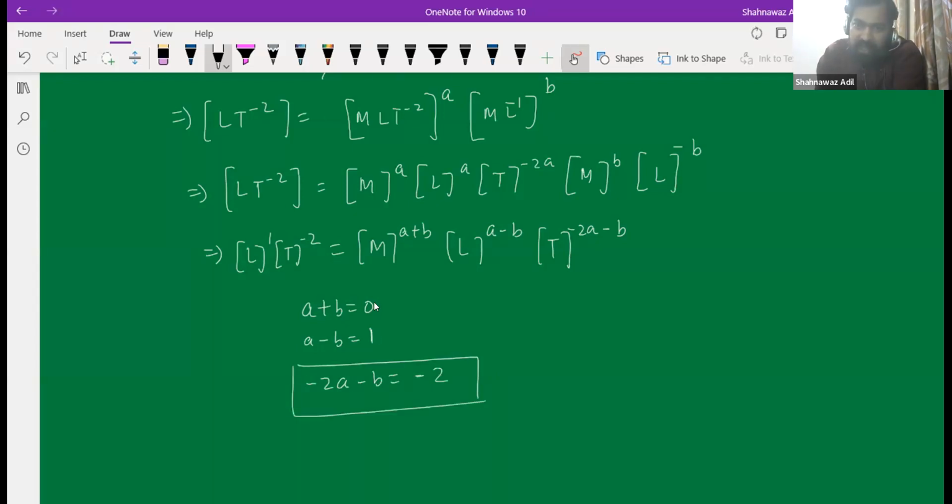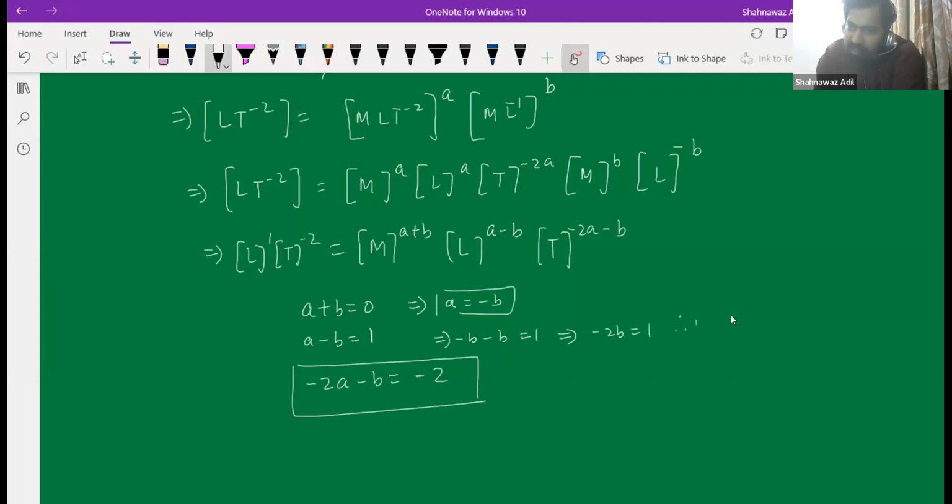A plus B is 0, which means A is minus B. And we know that A minus B is 1. So A is minus B, and then minus B minus B equals 1, so minus 2B equals 1.